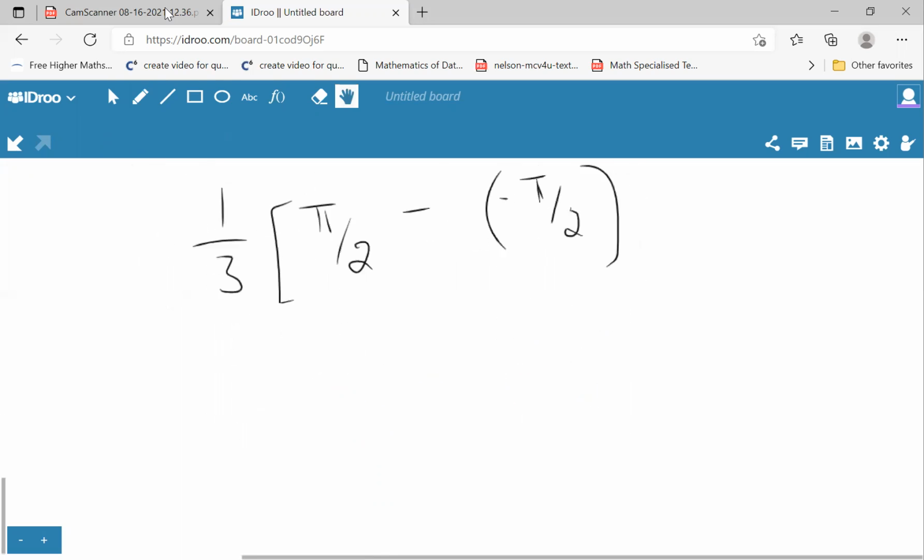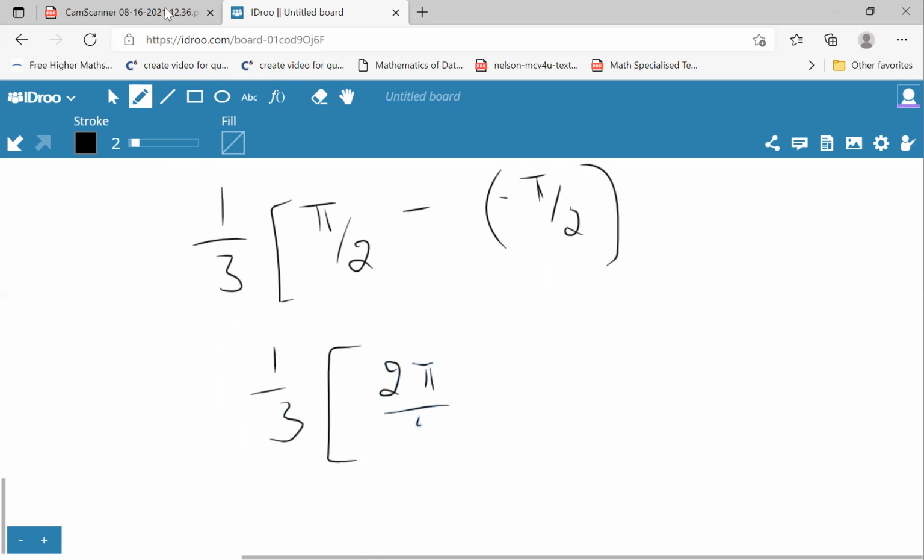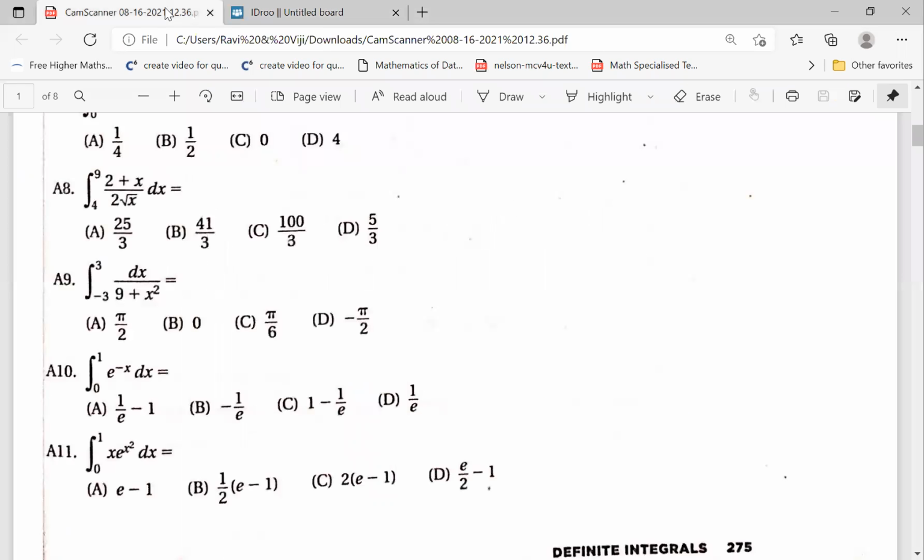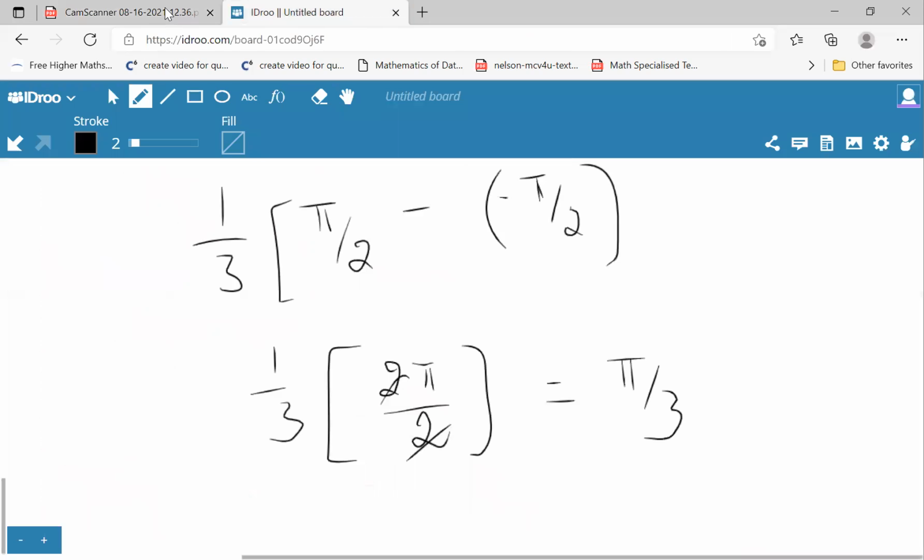So that now becomes 1 by 3 into 2 pi by 2. Minus of minus will become plus pi by 2. So pi by 2 plus pi by 2 will become 2 pi by 2, which is equal to pi. So pi by 3 is the correct answer. Let's see which option is correct. Pi by 3. Wait, I think I left a term outside.